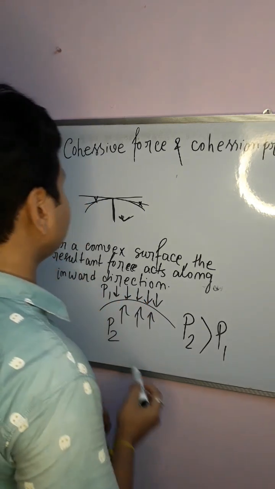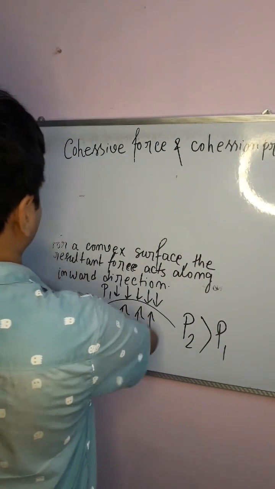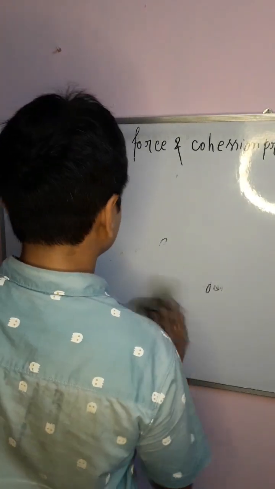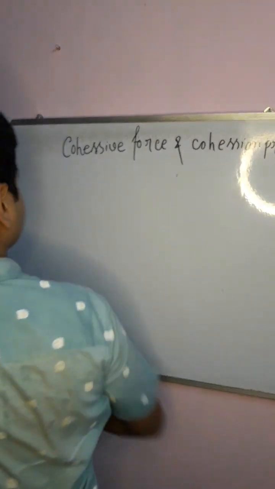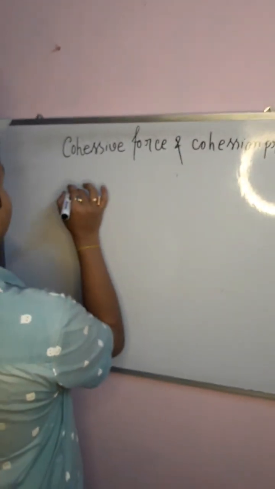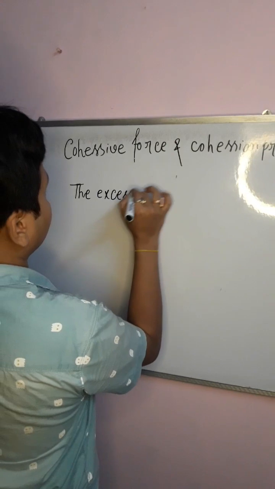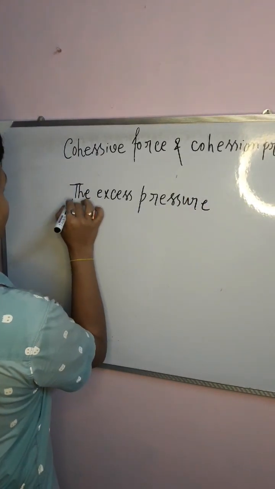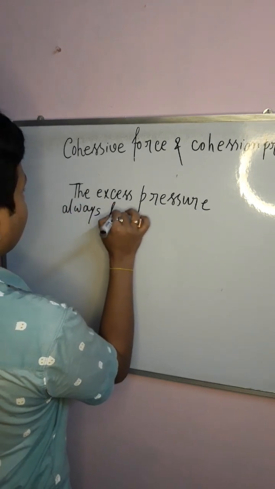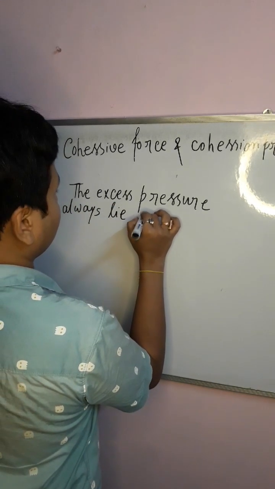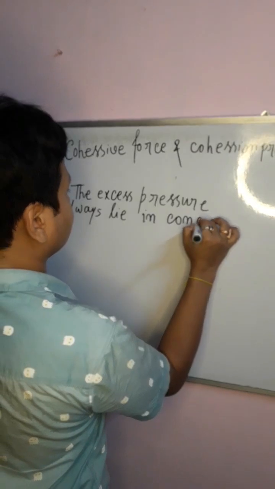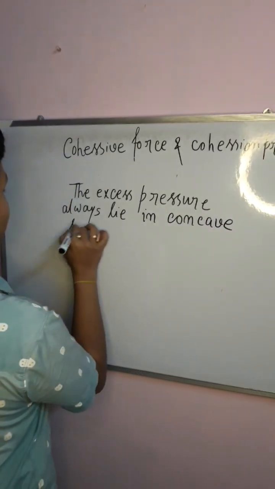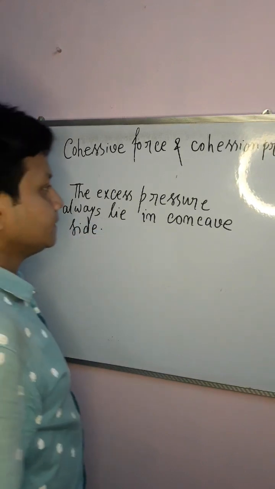Remember this thing: the excess pressure always lies in the concave side.